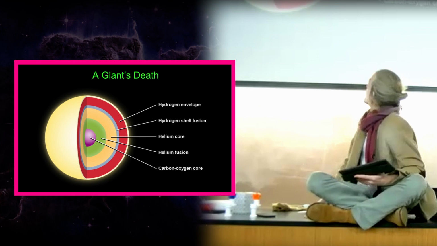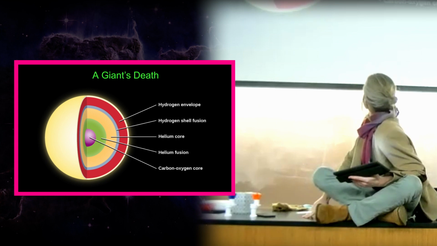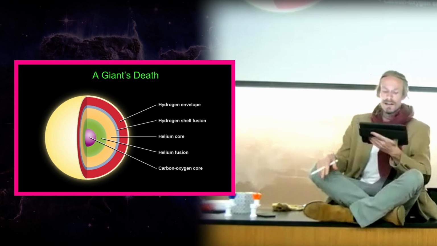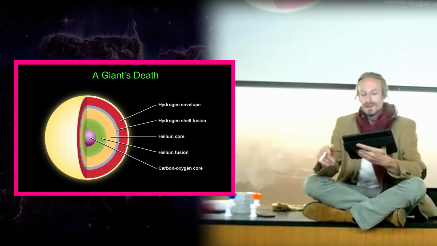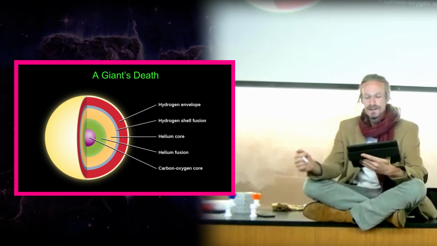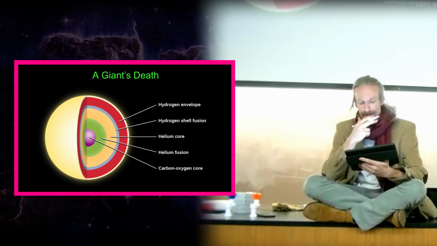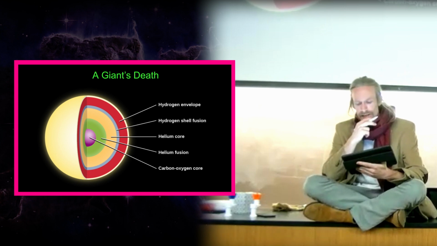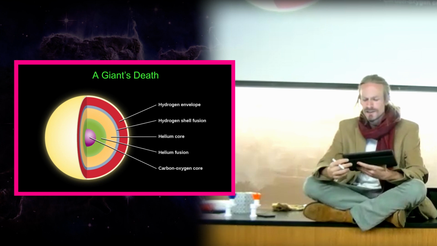So this is kind of an interesting schematic of where everything's happening in these giant stars at the end of their life. So this new kind of helium fusion begins at this point in the shell. And the thing's kind of structured like an onion, which is actually quite interesting.